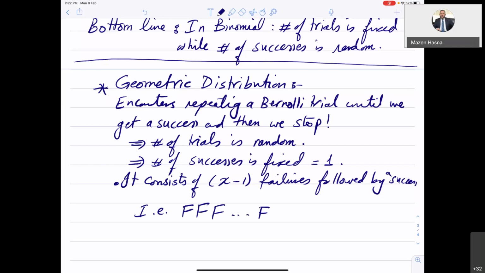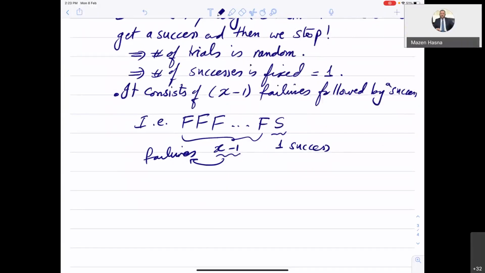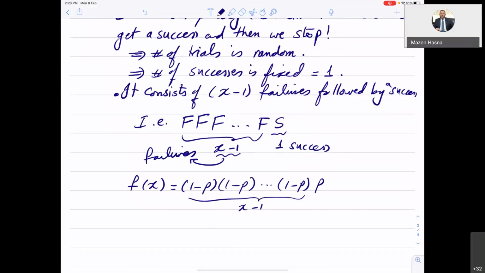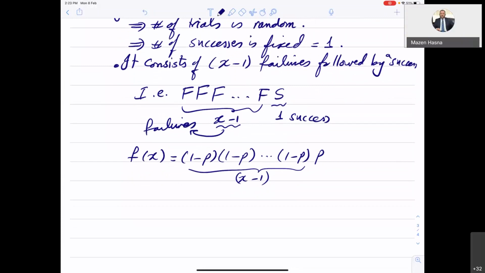And then once you have a success, you stop. So let's assume this is x minus 1, and then this is one success, and these are the failures. Which means I can simply write my f of x as a failure, which is 1 minus p, times another failure, times another failure, and then a success where I stop. So I have x minus 1 tries of failure followed by a success.